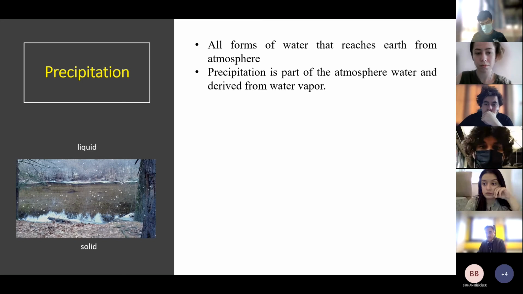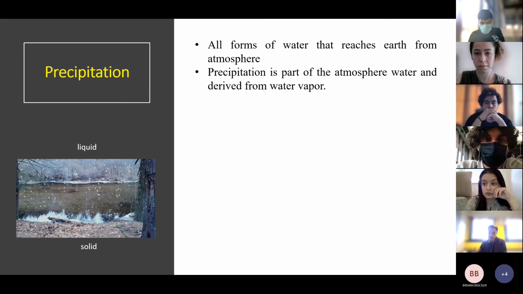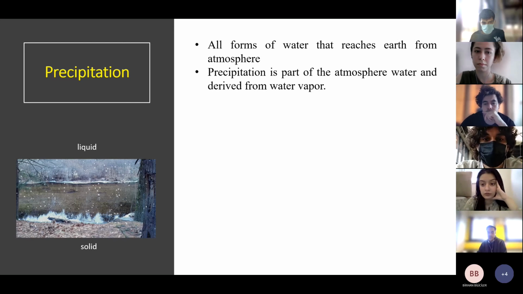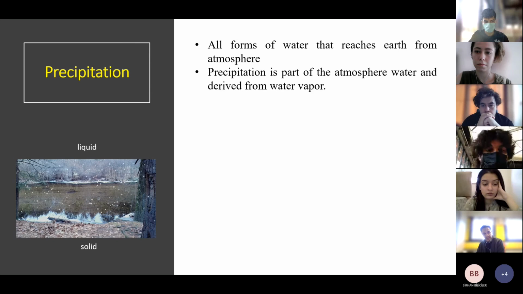Okay, you know that any kind of liquid or solid that falls from the atmosphere to the ground is called precipitation. Therefore, precipitation can have both liquid and solid phases. If it is liquid, we give it some special name. If it is solid, it has another kind of name.